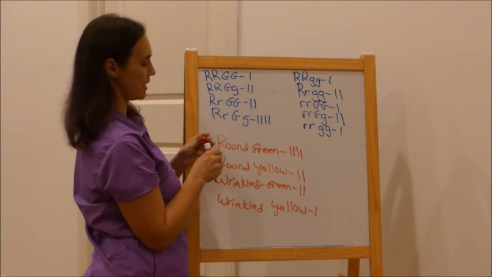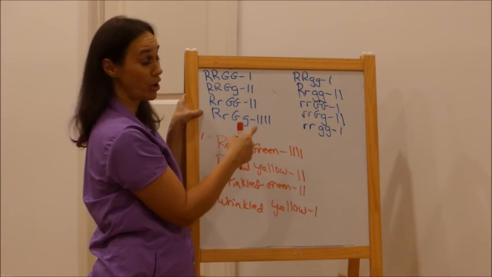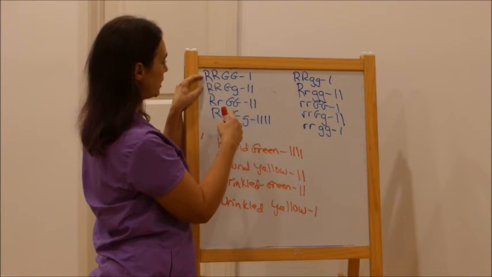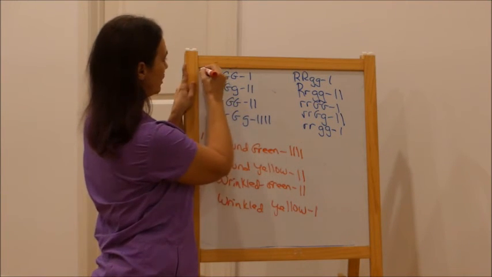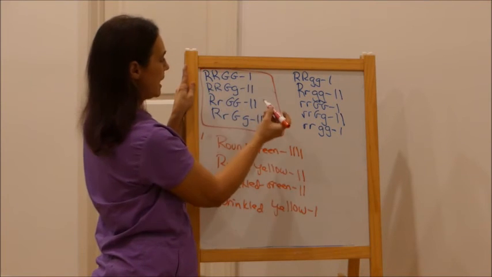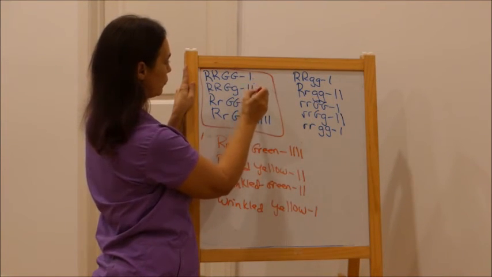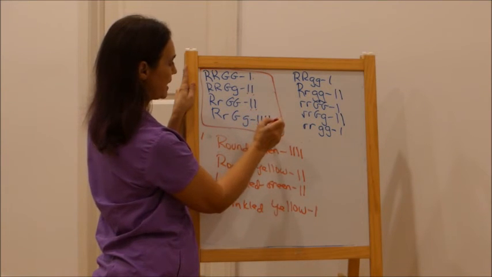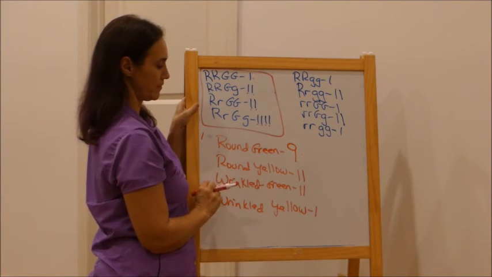Now, one thing I kind of messed up on, and I'm not going to start this video over. I should have actually put how many there were of each one. So when we go back and we look at the round and the greens, we have 4 different ones that are round and green, all of these, and it's a total of 1, 2, 3, 4, 5, 6, 7, 8, 9. Okay? 9 of them are round and green.